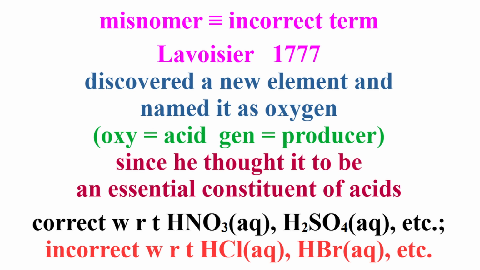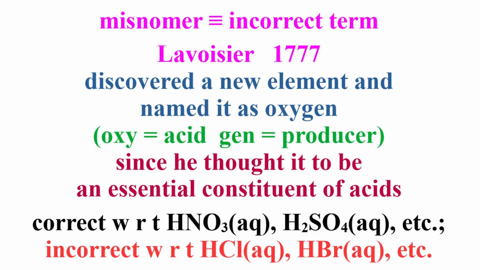For example, Lavoisier thought that the new element he discovered in 1777, namely oxygen, was an essential constituent of acids. Oxy refers to acid and gen to generator or producer.